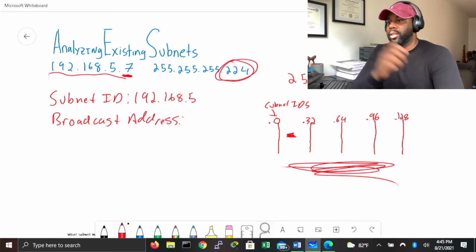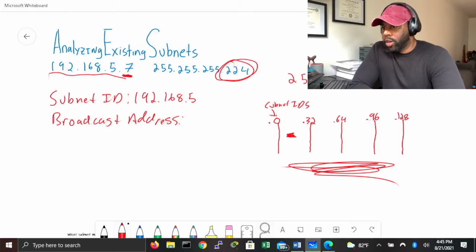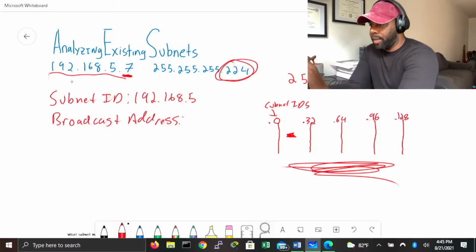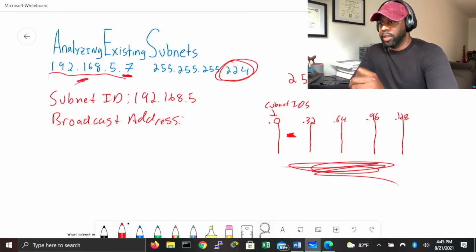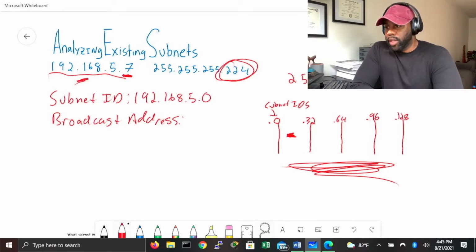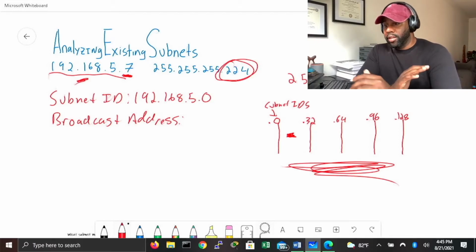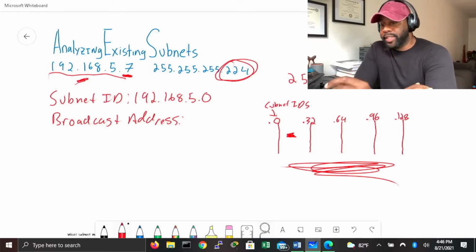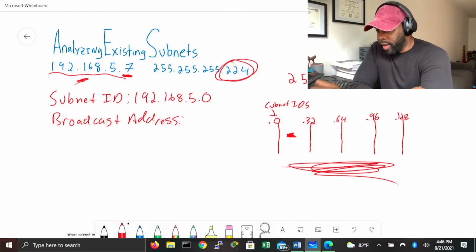So that means that the subnet ID that this IP address belongs to is 192.168.5.0.